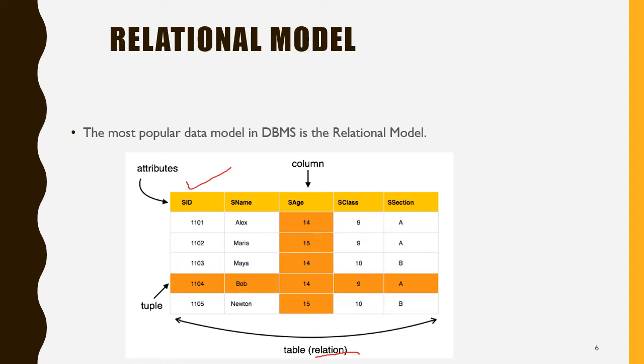And these columns like SID, SNAME, SH, SClass can be considered as attributes. And each row in a table is called a tuple. And this table as a whole, or collection of rows or collection of tuples, is called a relation or table. This is a simple example showing the relational model.